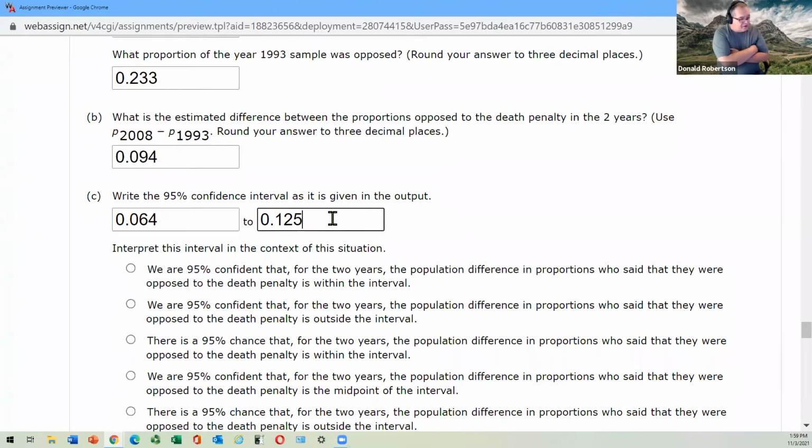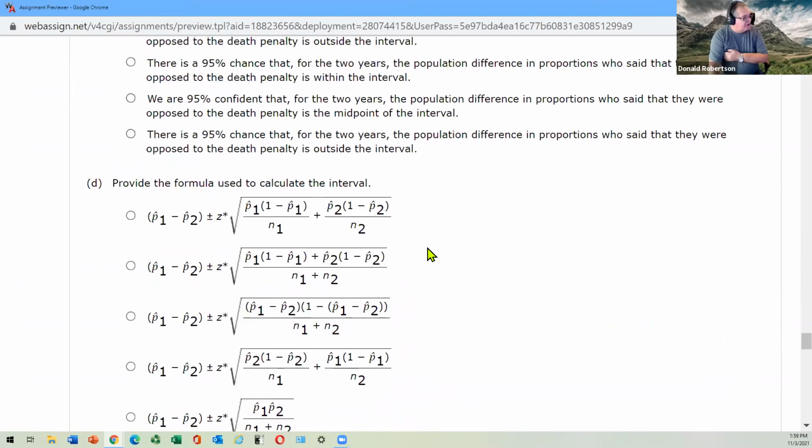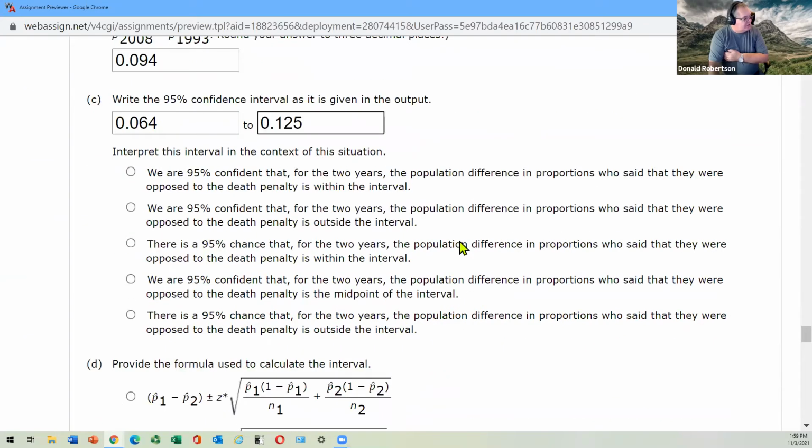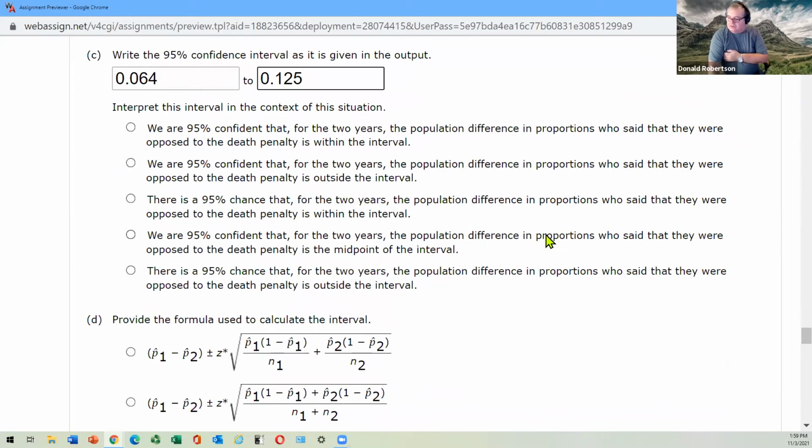This is a 95% confidence interval. Does that mean we are absolutely 100% sure that the right answer is somewhere between those two? No. Aren't we just 95% sure it is? So one of those sentences is the one you're going to use.